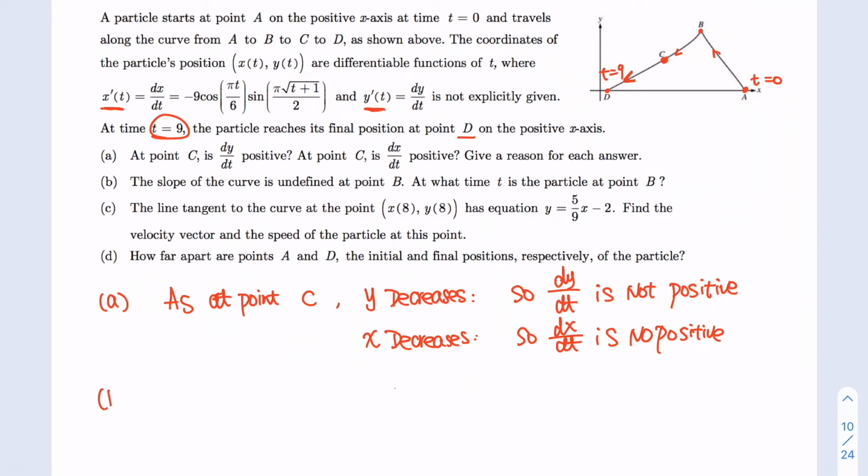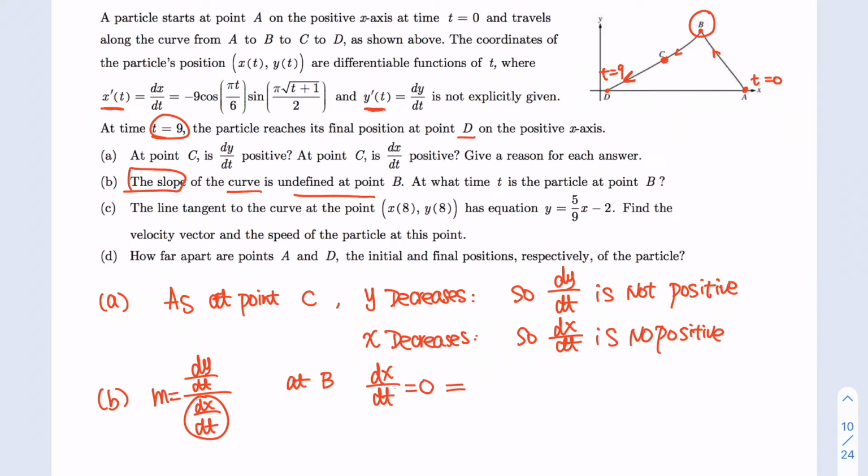Part B, the slope of the curve is undefined at B here. There's no slope here. And at what time t is point B? So the slope m equals dy over dt divided by dx over dt. So the slope is undefined. That means at B, dx over dt equals 0.